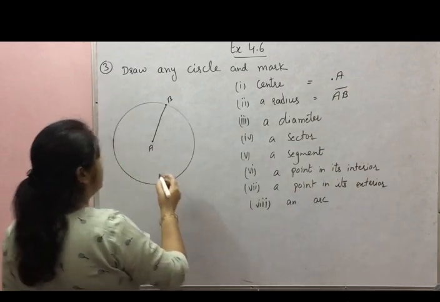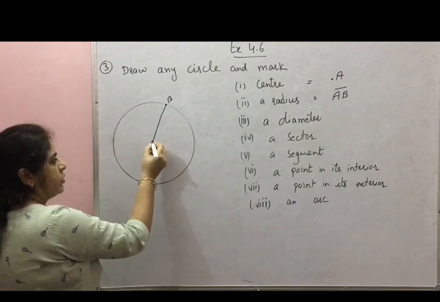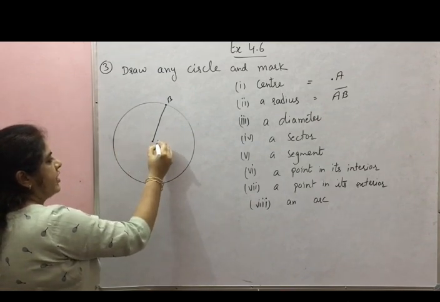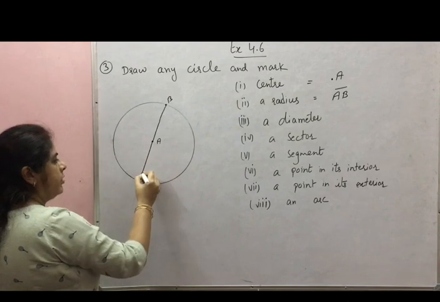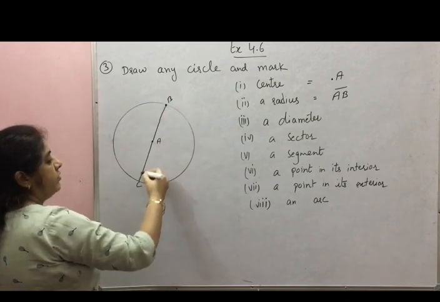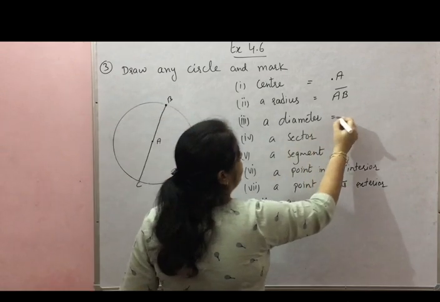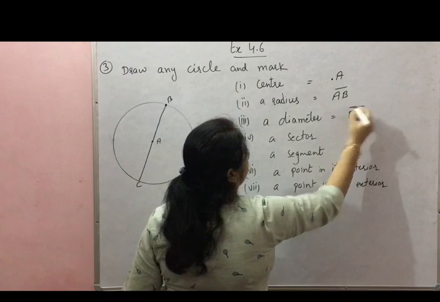Now diameter: you can extend this, or you can take another one also. Just suppose we have extended this. Now see, a diameter is a chord which passes through the center of the circle. So BC is your diameter.